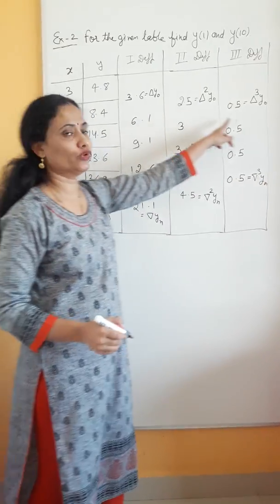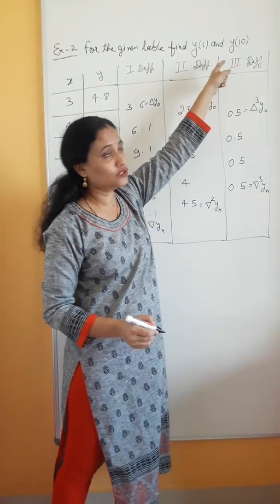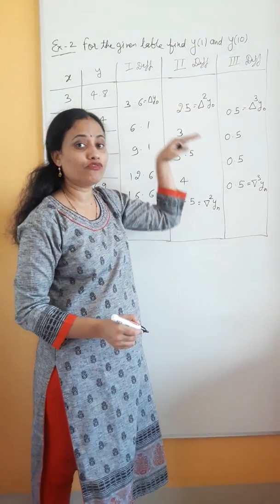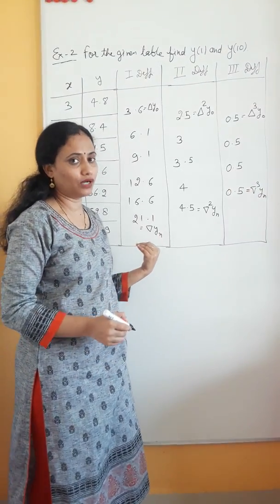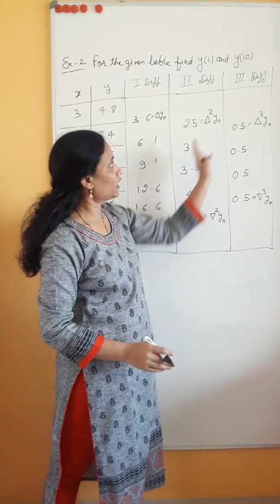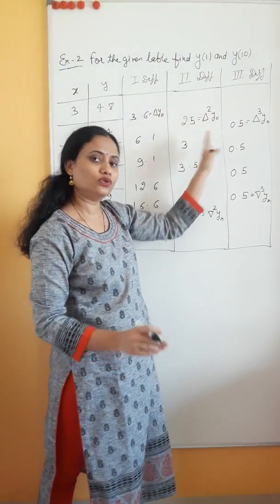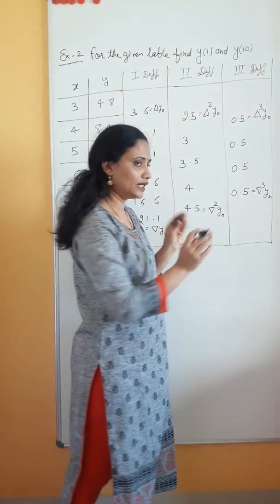Why am I writing both values? Since in the question they have asked two values. For one we have to apply the forward formula, for the other the backward formula. To save time, we have written both in the same table. If they had asked only one, you could write only the corresponding value. I hope that is clear.